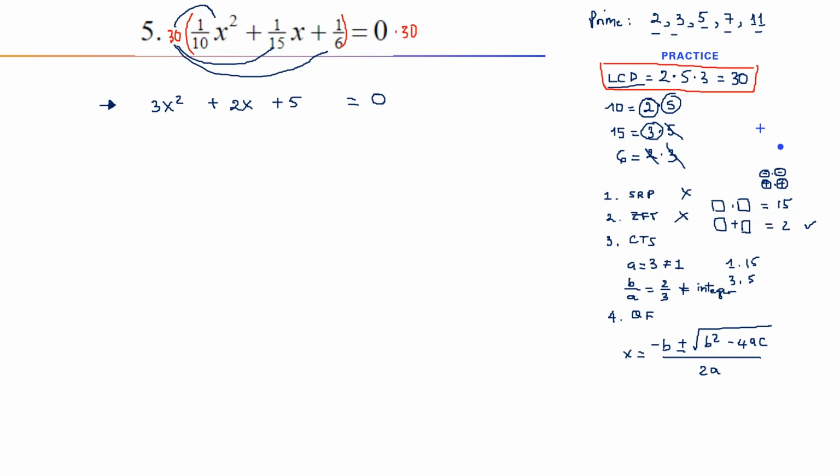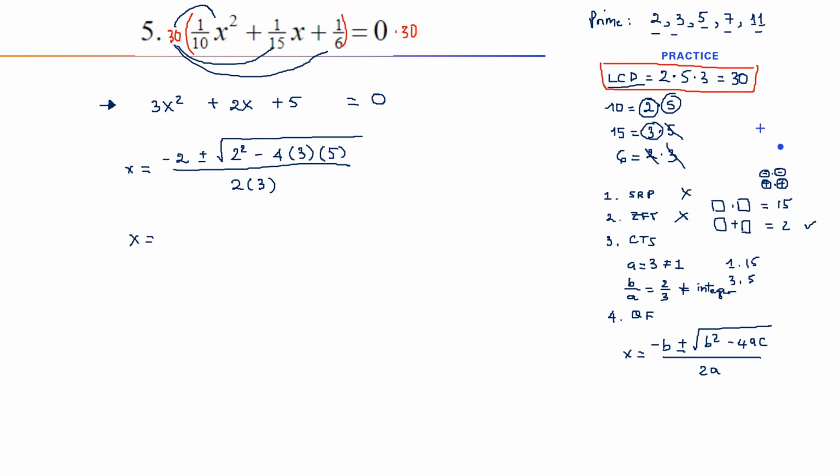Alright, let's plug in. So we have x equal minus b is minus 2 plus or minus square root of 2 squared minus 4 times 3 and then times c is 5, divide by 2 times 3.